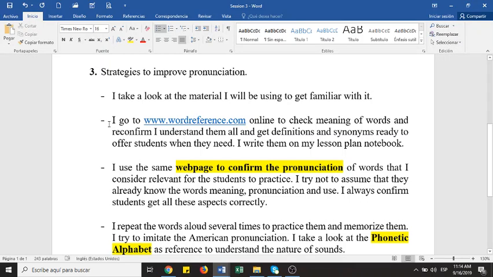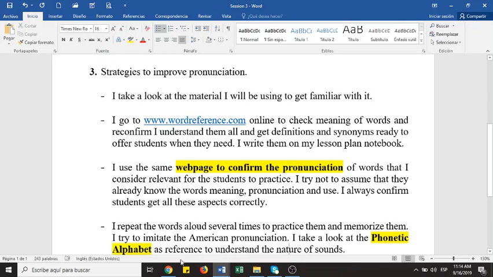Then in number two, you can see that I go to www.wordreference.com online to check the meaning of words and reconfirm I understand all these words, and get definitions and synonyms ready to offer students when they need. Because sometimes they ask you for the meaning of words, so you have the definition or the synonyms ready. And I write this in my lesson plans in my notebook.